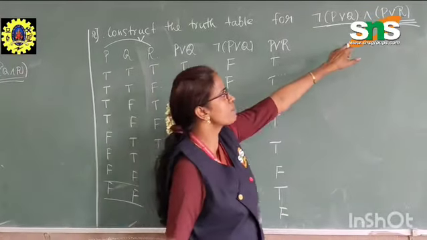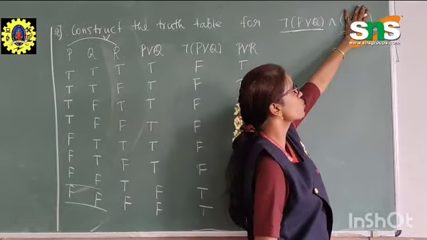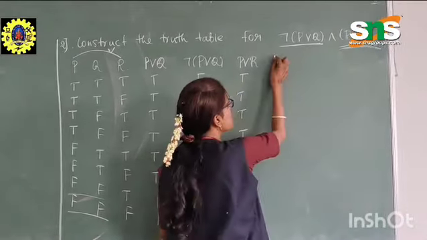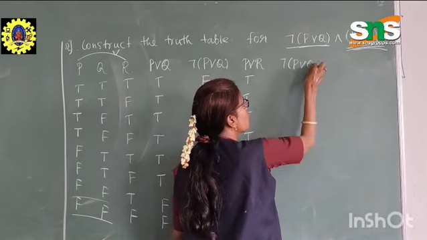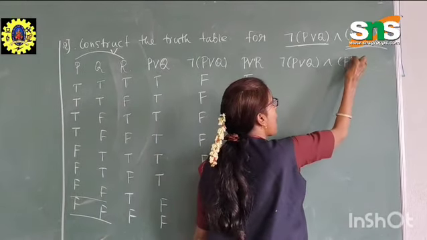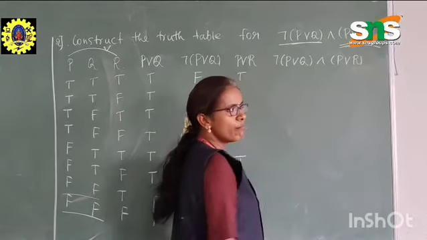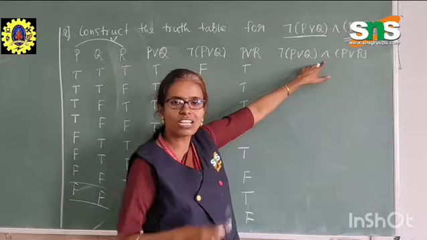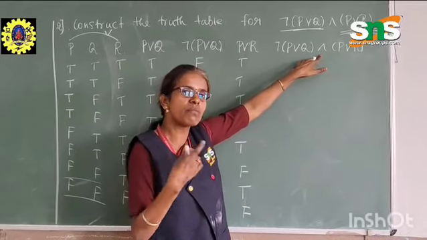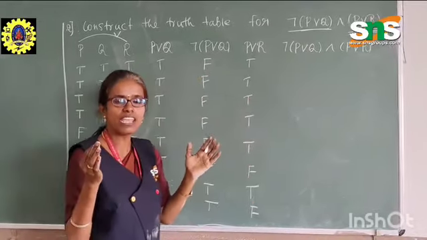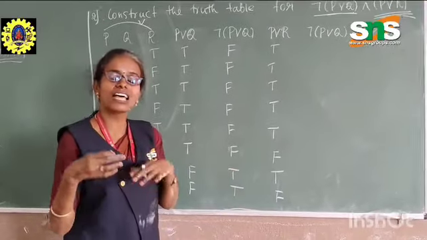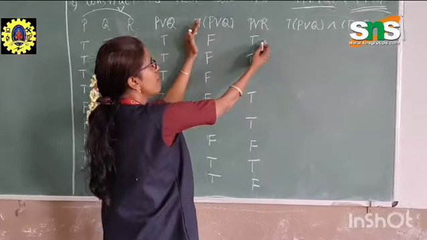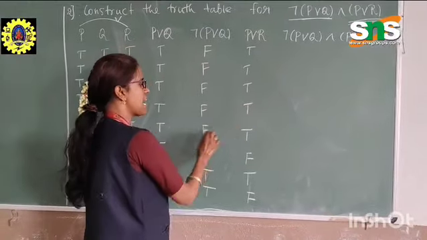Now you can go for the expression. This is over. This is also over. Now we are going to combine with and. So negation of (P→Q) and (P→R). This is the final expression. The middle one, the conjunction, is and. Already we have done it. What does and mean? Both the statements should be true, then the result or the conclusion is true. You can check the last 2 columns where both statements are true.